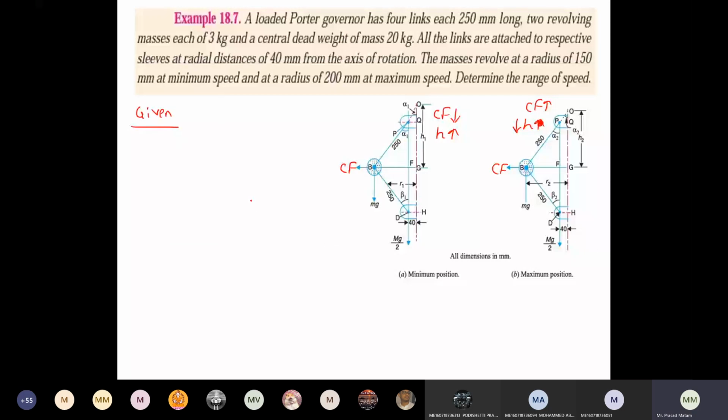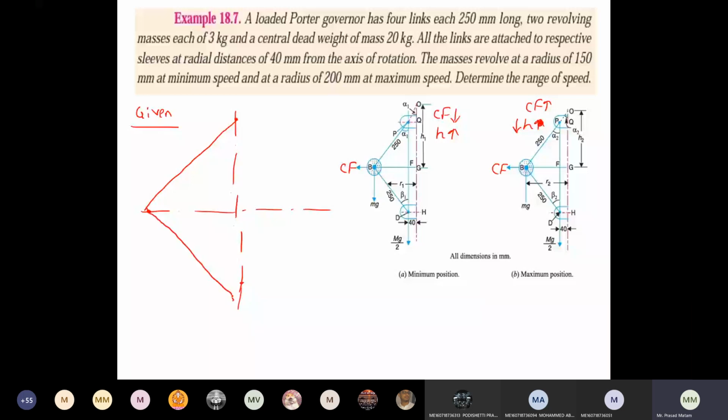Always first try to draw the axis lines. This is the axis line, the horizontal axis and the vertical axis. These are the pivot points. This is how you need to draw. This diagram holds good when the upper arm and lower arm are located on the axis line.